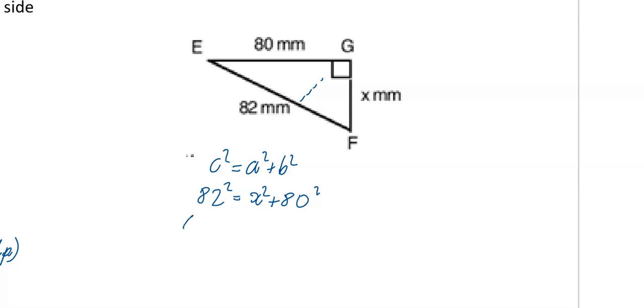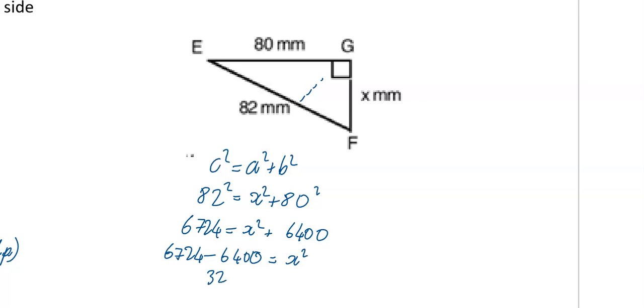So if you square 82, you'll get 6724 is equal to x squared plus 80 squared, which is 6400. And then if we bring this 6400 across, you'll have 6724 minus 6400 is equal to your x squared, which means 324 is equal to x squared.